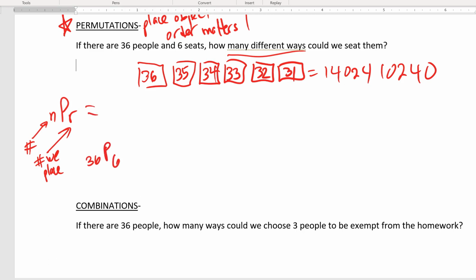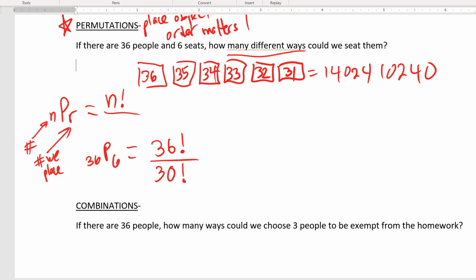What goes on top? Well, n factorial. What goes on top? 36 factorial. But that's if we allow somebody to sit here and here and here. Doesn't make sense. So what we have to do is cancel out, where now it's 35, 34, 33, 32. I need to basically cancel out everything 30 and before. 30 factorial.